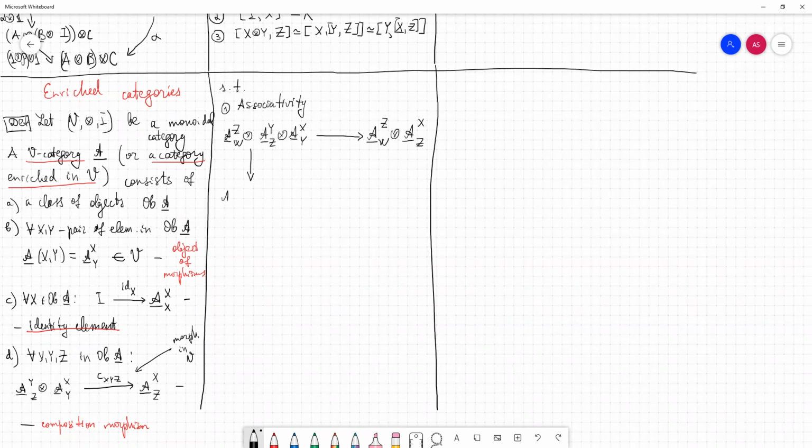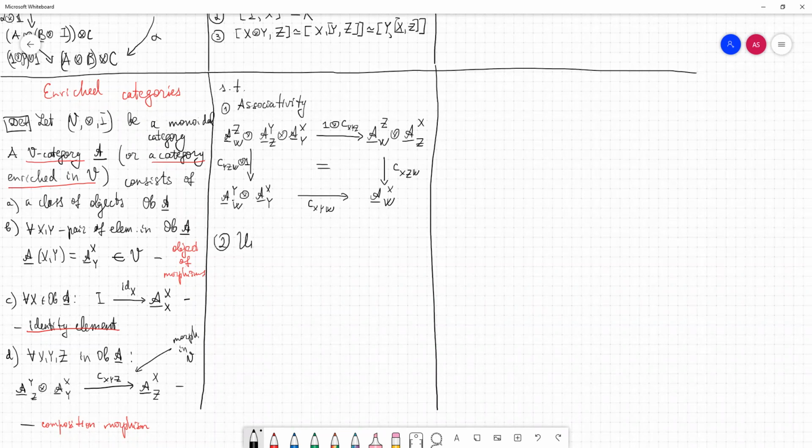Here is another way: A from Y to W tensor A from X to Y, and here is A from X to W. Here is one tensor composition C_XYZ, here is composition C_YZW tensor 1, here is composition C_XZW, and here is composition C_XYW. So this diagram commutes.